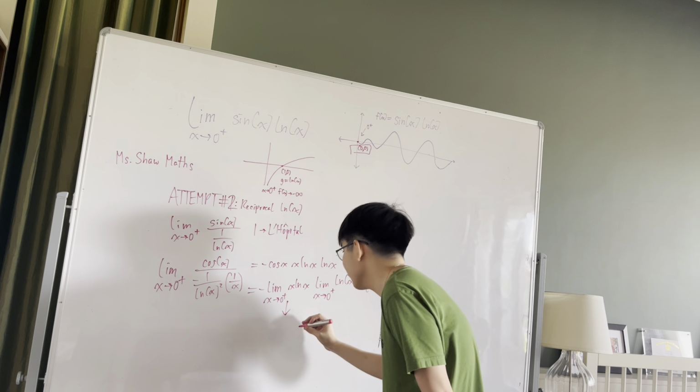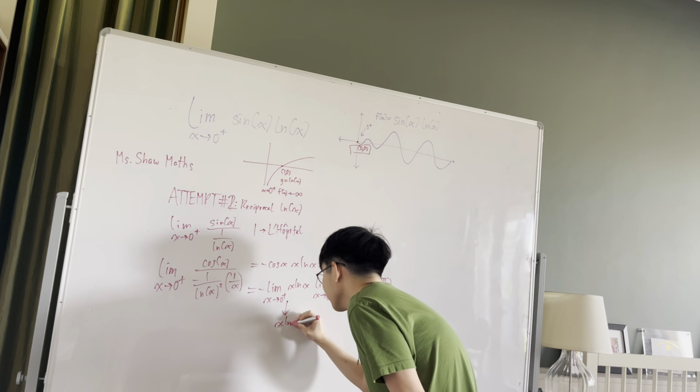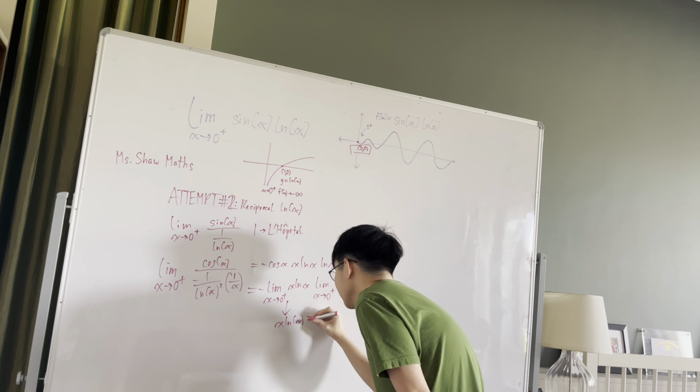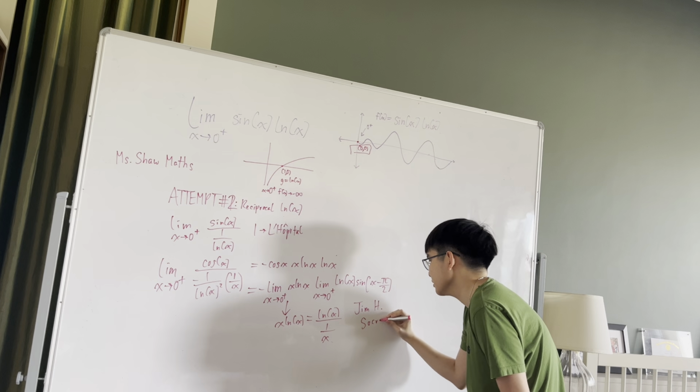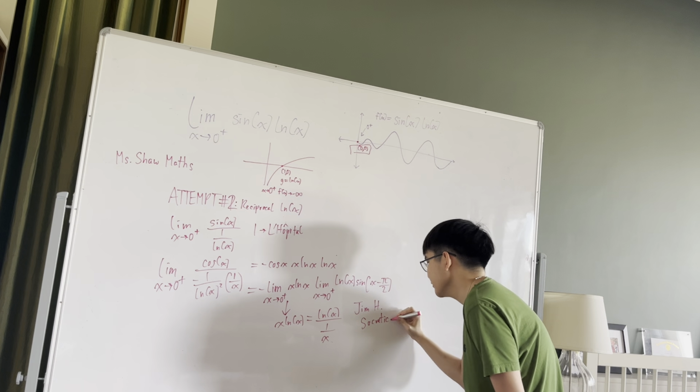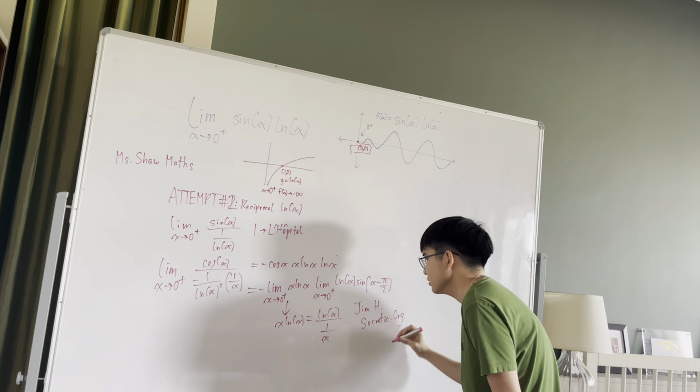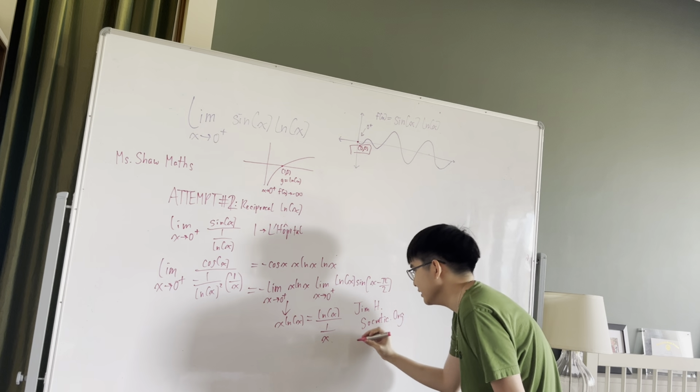If you were to rewrite x ln of x as natural logarithm of x over 1 over x, and then thanks to Jim H on Socratic.org, you show that this also, by another trick to the L'Hopital, becomes 0.